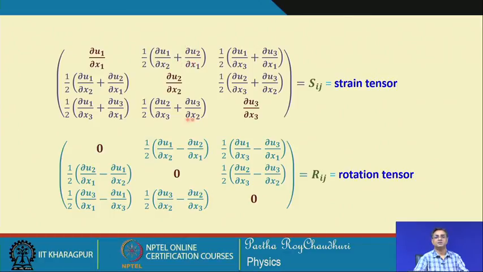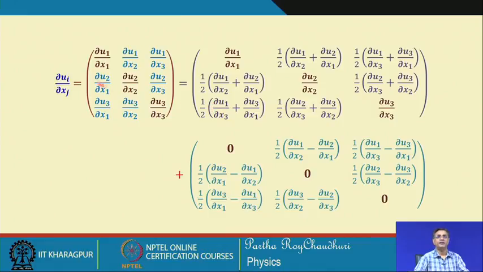So, the first matrix corresponds to the strain tensor, whereas this one, del u 1 del x 2 minus del u 2 del x 1 and so on, will represent a rotation tensor.